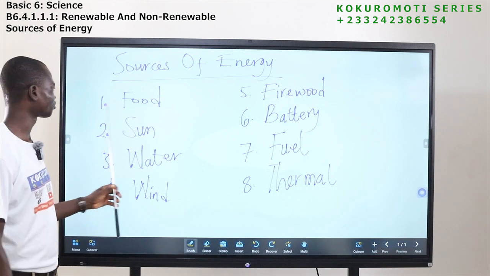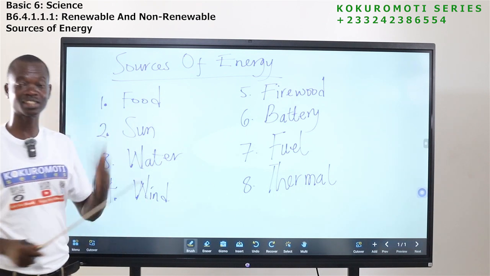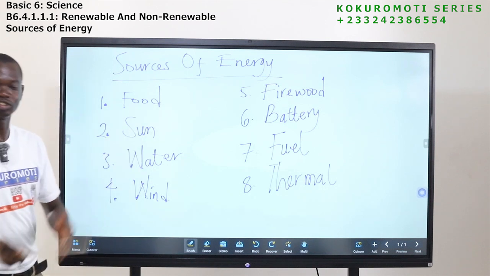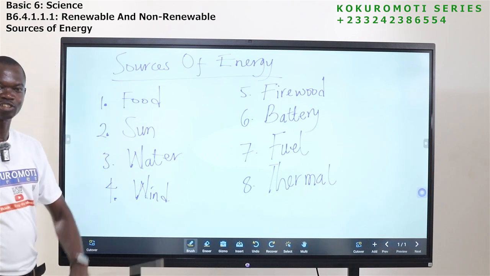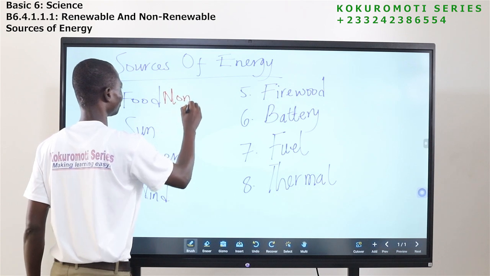The first one, food. After eating your food, in the first place, can you finish eating food? Yes. And after you have finished eating the food, can you get the food back? No. So this is non-renewable.